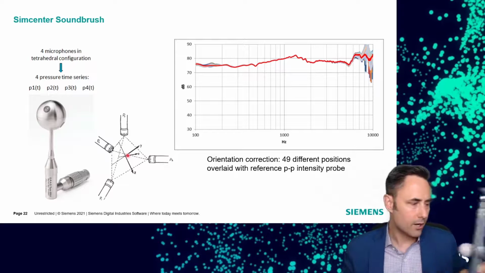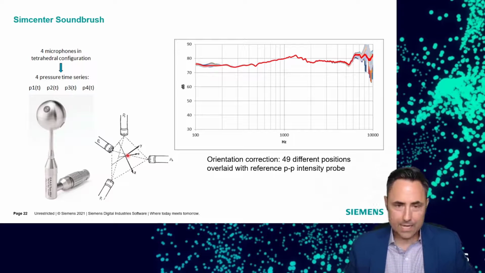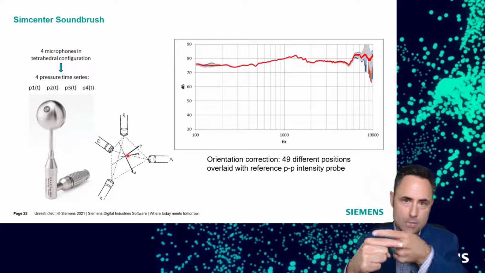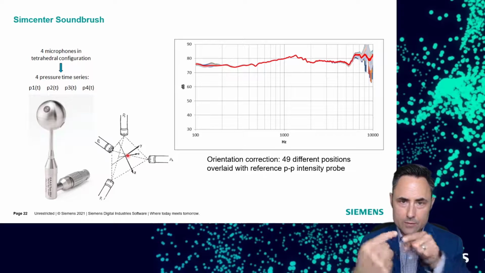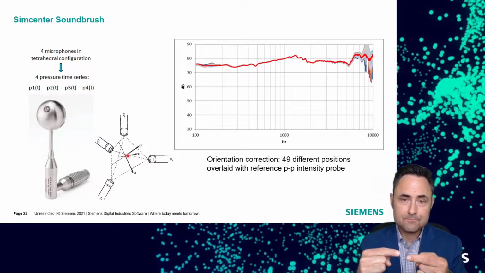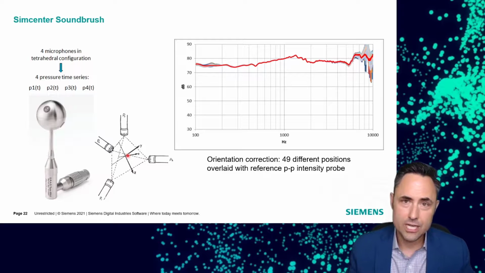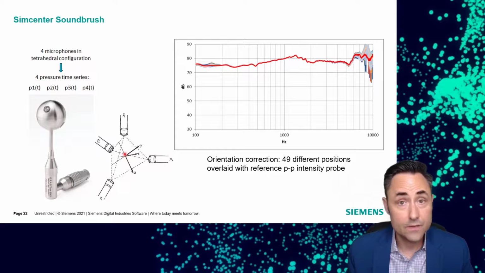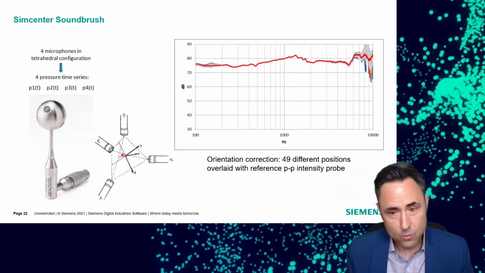Where our 2 microphone probe only measured in one direction, and if I was 90 degrees off, I would get 0, and this would be my actual answer. The Soundbrush doesn't have that same restriction. It's measuring in all 3 components of X, Y, and Z all the time based on these 4 pressure measurements we're making all at the same time. Okay, so that's one key aspect.